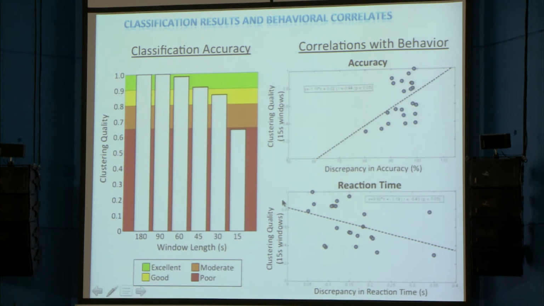Also interesting is reaction time. The longer it takes them to respond and actually do the task, either for the math or the working memory, it seems the clustering accuracy decreases. So you find there seems to be some correlation with accuracy, not with the algorithm. The algorithm seems like it's working perfectly.